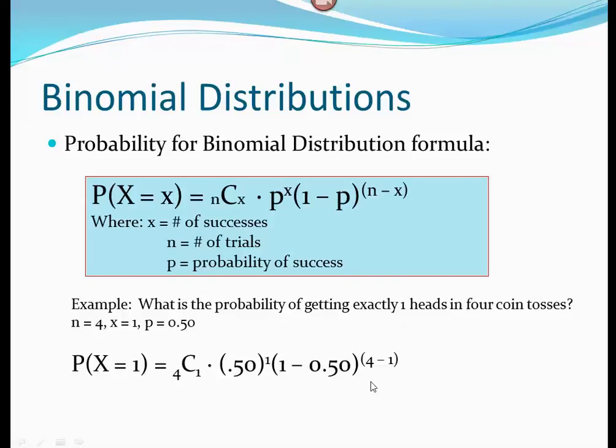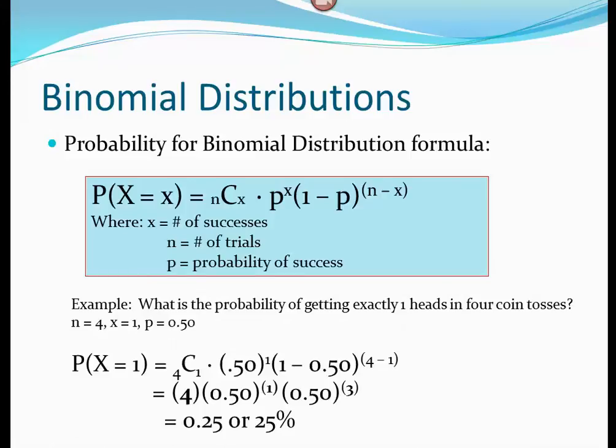If you recall on that previous slide, each combination of 1 head and 3 tails had the same probability, 0.0625. Well, this is going to calculate this for us. We have 4, because there are 4 ways it can happen, multiplied by 0.5 to the first times 0.5 to the third, so that's basically 0.5 to the 4th power. And this gives us that same probability we just found, which is 25%.